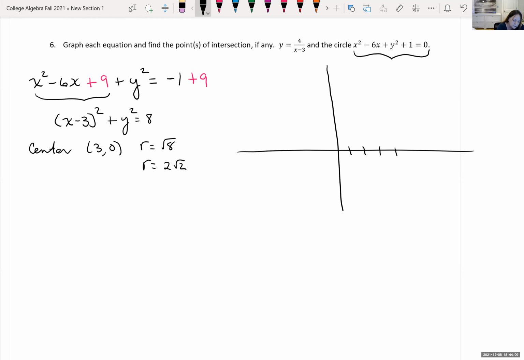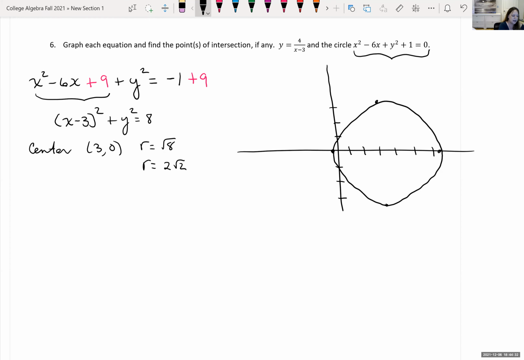And so I'm just going to go up, down, left, and right a little more than 3 from my center to get my circle. Okay, so we got our circle here.